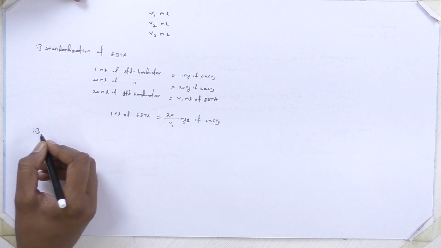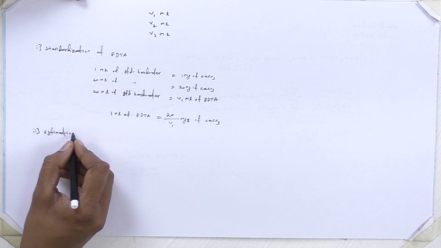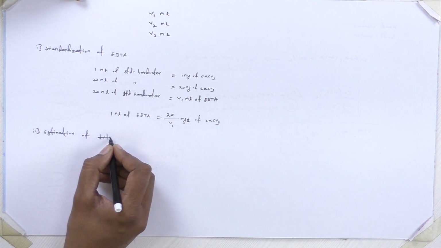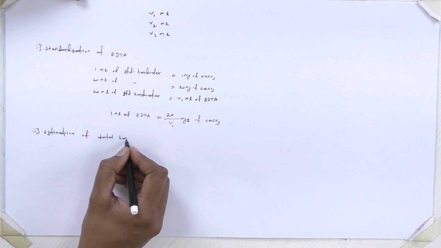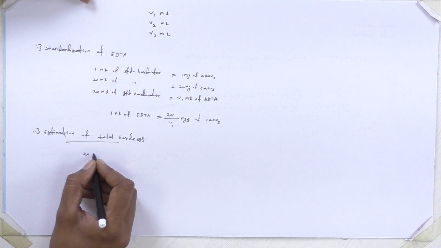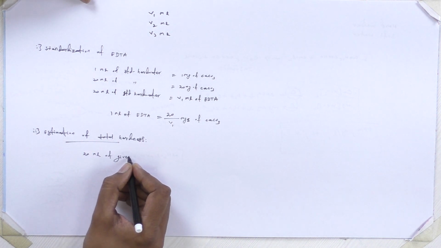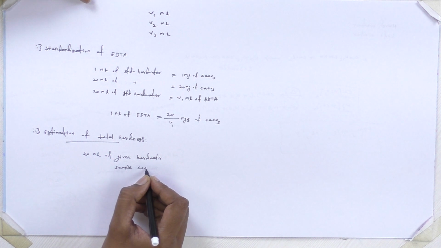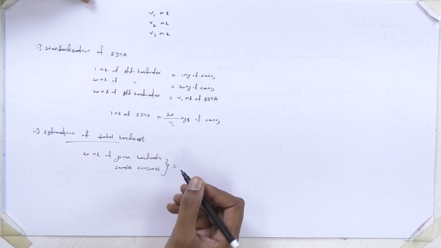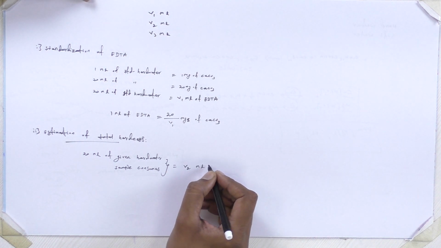In the second titration, estimation of total hardness, 20 ml of the given hard water sample consumes V2 ml of EDTA.